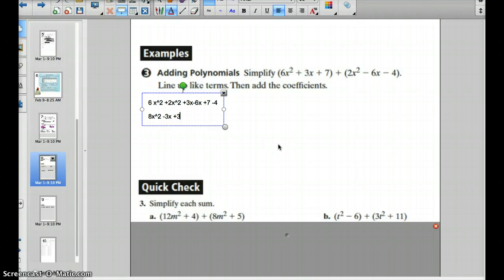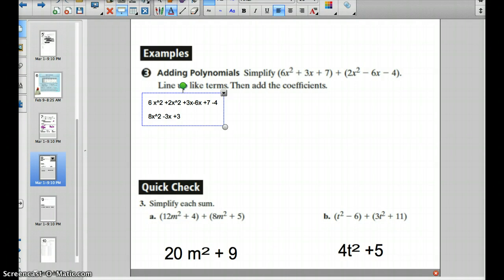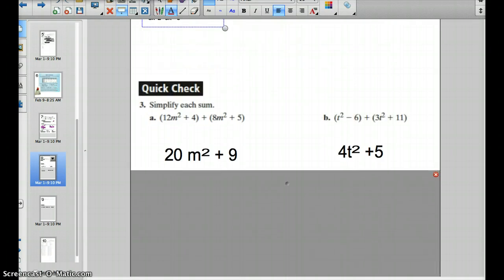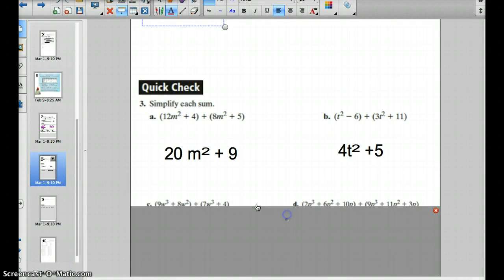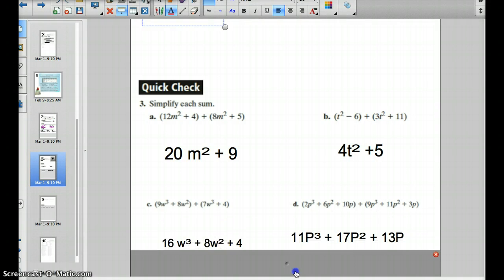Okay, go ahead and rearrange, add the following quick checks together, and when you're ready, check. You can see here the result is 20m squared plus 9, and again, this is going to be a quadratic binomial or a 2nd degree binomial, and here we also have a 2nd degree binomial or a quadratic binomial.